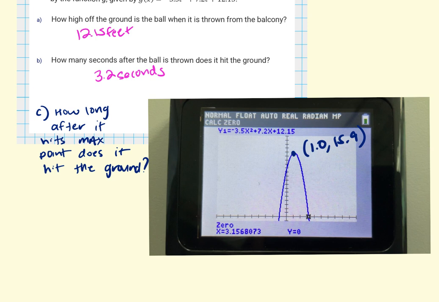If it asks for the maximum value, which obviously it could, it would be 15.9 feet. But it's asking how long after it hits that does it hit the ground. So what am I going to do? Good. I'm going to do where it hits the ground, which was 3.2, minus the x value here, which is 1. And it would be 2.2 seconds.